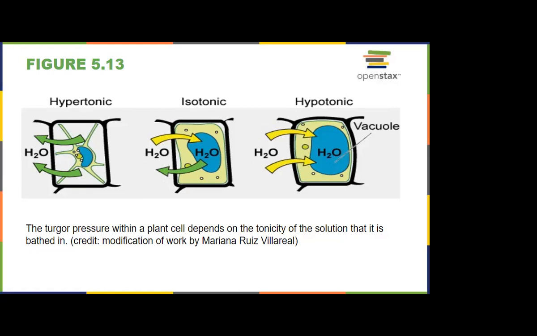Isotonic, we see an equal exchange of water. That cell is probably pretty happy, but I would argue that it's not in its happiest state in an isotonic state. Why is that from an evolutionary perspective? Plants need stuff like water to grow.